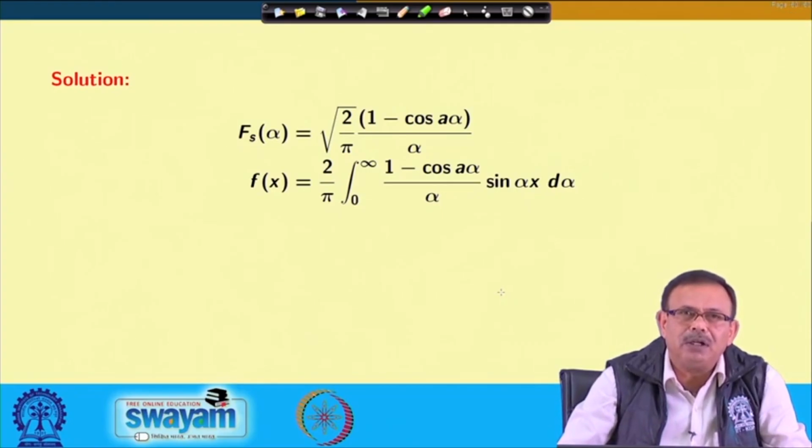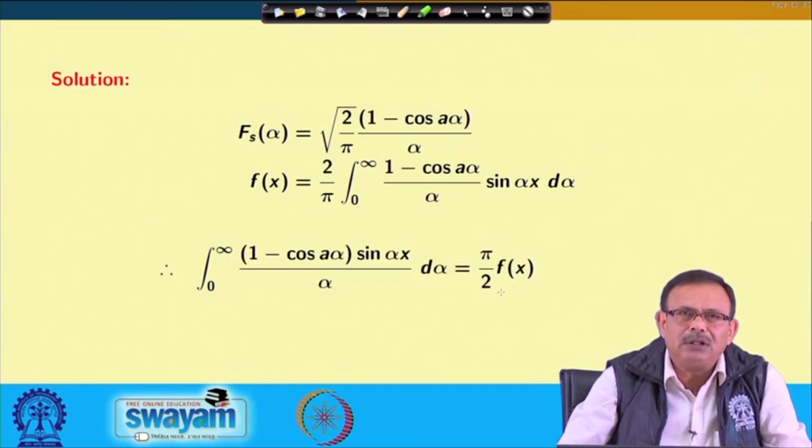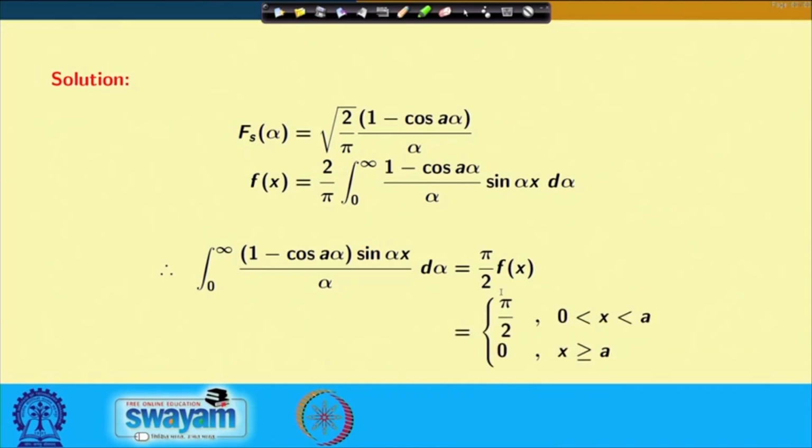From here you write f(x) equals 2 by pi, integral 0 to infinity of 1 minus cos of a alpha by alpha into sine alpha x d alpha, and the value of the integral which I want to find is pi by 2 into f(x). So, it is pi by 2 whenever 0 is less than x less than a, and for x greater than or equal to a, the value of the definite integral is equal to 0.